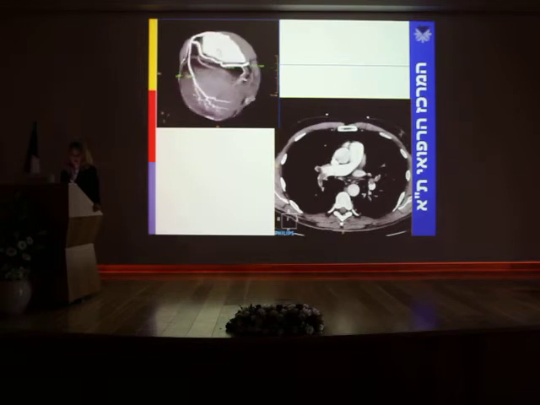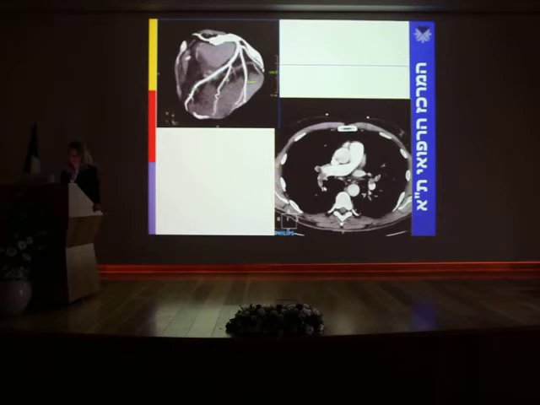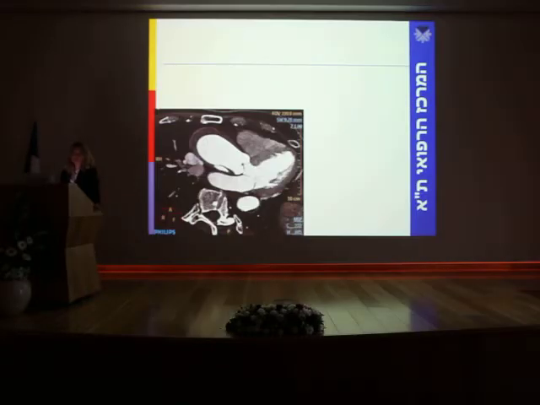You can see that his coronaries are perfectly normal. However, he did have these multiple filling defects consistent with pulmonary embolism, bilateral and centrally located. Another patient had chest pain radiating to the back, with a differential diagnosis of coronary syndrome and aortic syndrome.